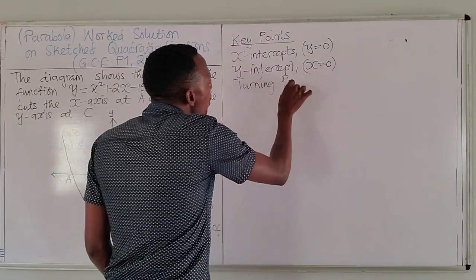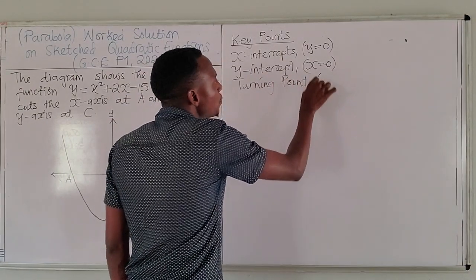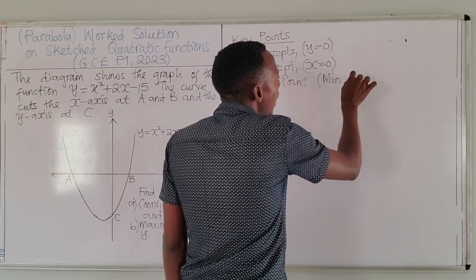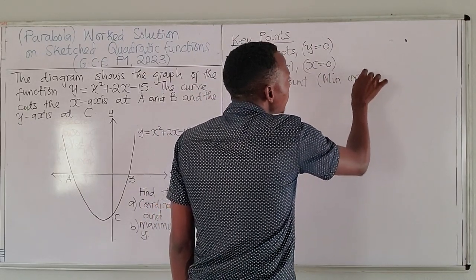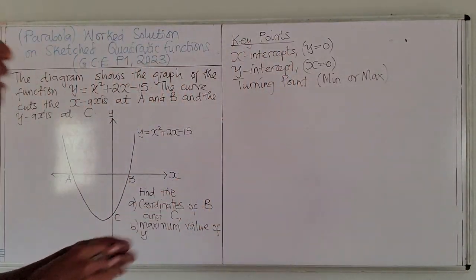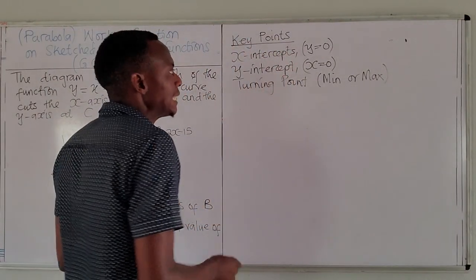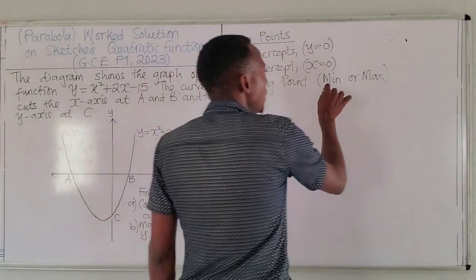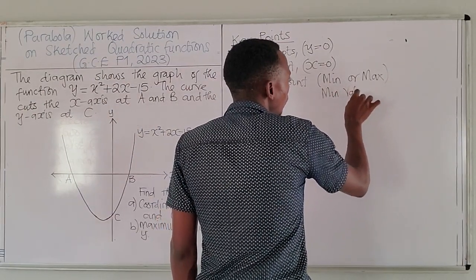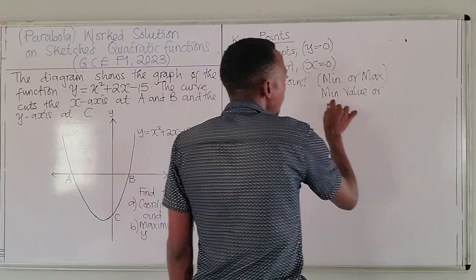The turning point helps us to find either the minimum point or the maximum point. And these same maximum and minimum points can also translate to the minimum value or the maximum value.